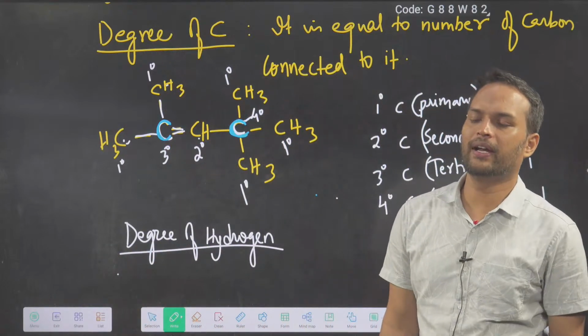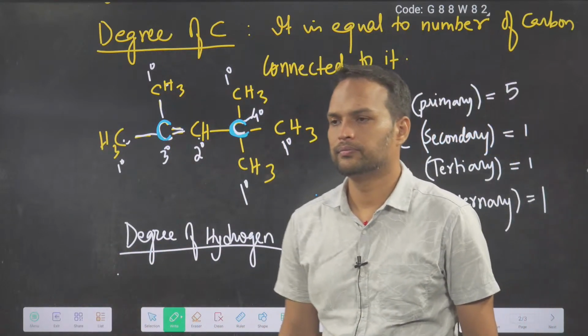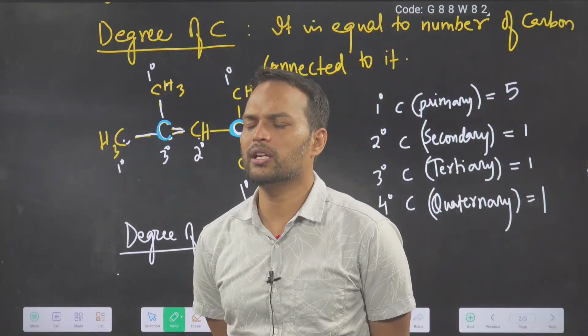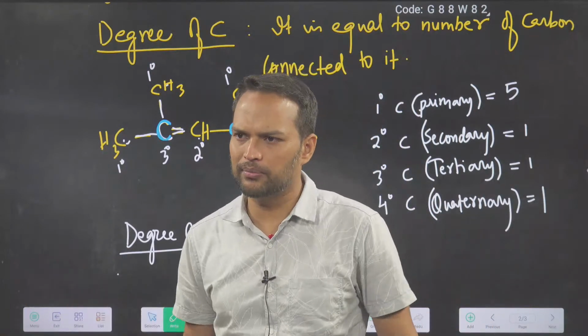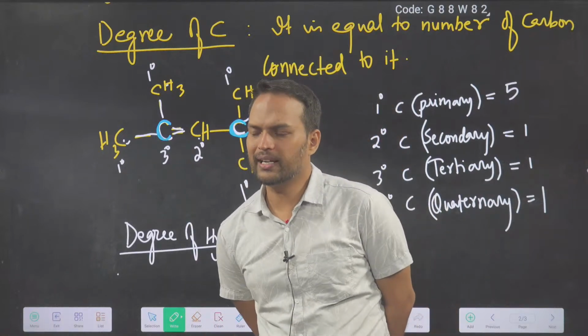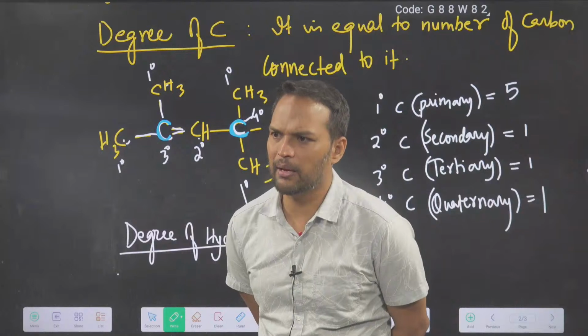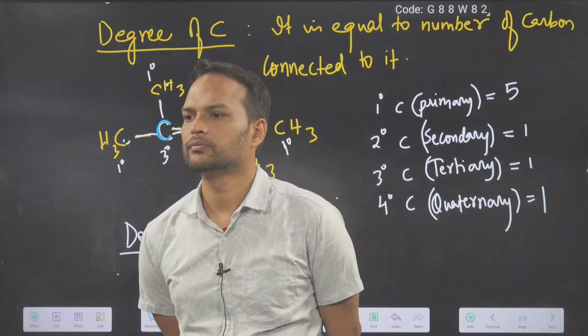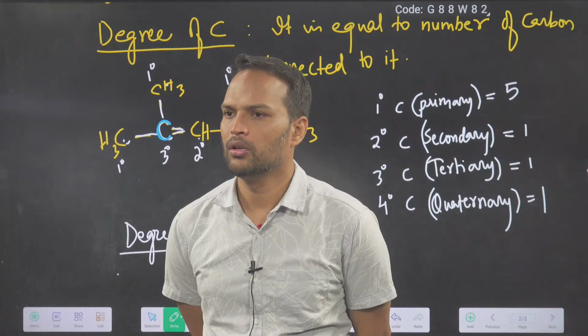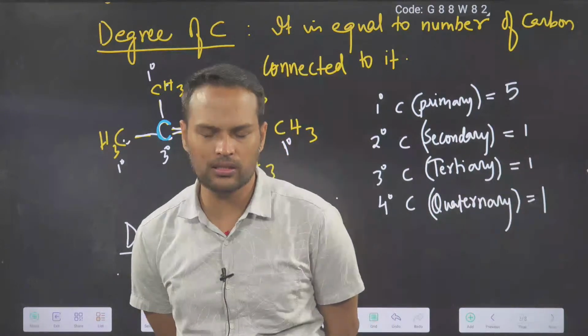Okay, so now give me the definition of degree of hydrogen. Will you say the same thing, that hydrogen is connected to how many atoms? That is the degree. Tell me, will the definition be the same?